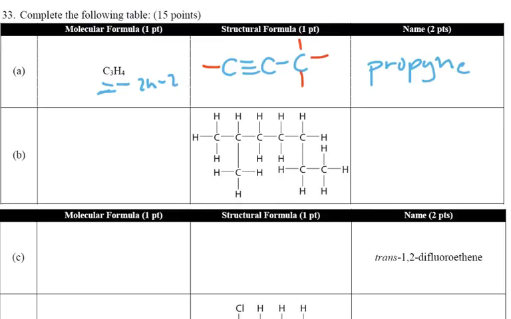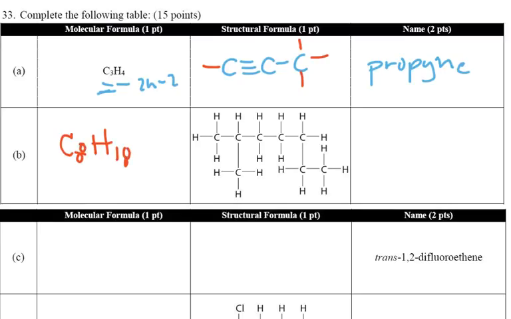Okay, for the second one, we have the formula 1, 2, 3, 4, 5, 6, 7, 8. 8 carbons altogether, so it's C8. We can see that everything is a single bond, so the hydrogen number is going to be double the number plus 2. So double 8 is 16 plus 2, that'll be 18. So C8H18.